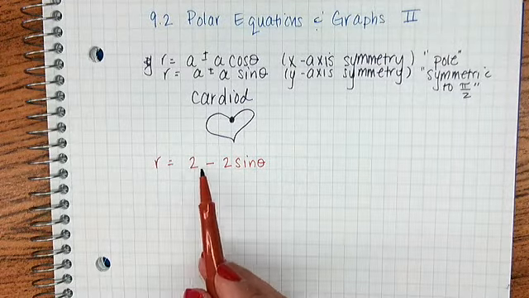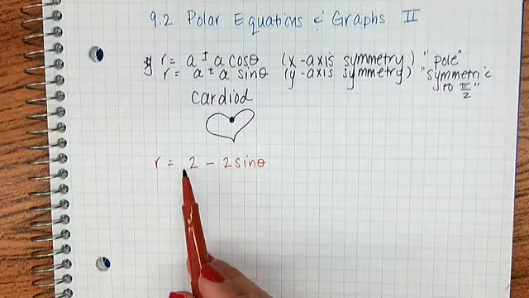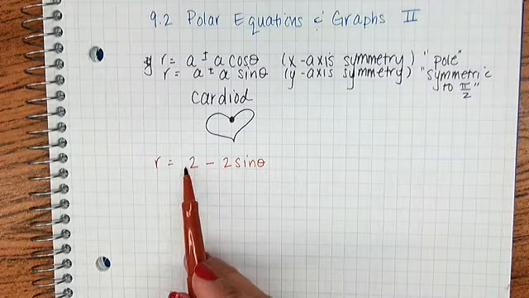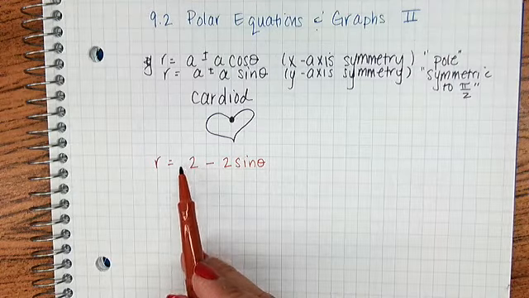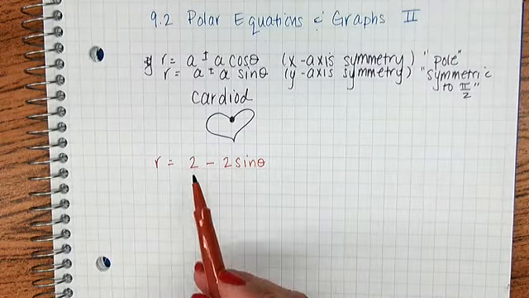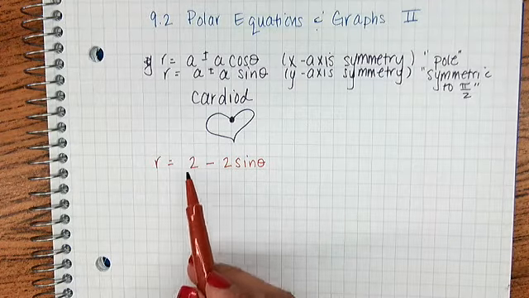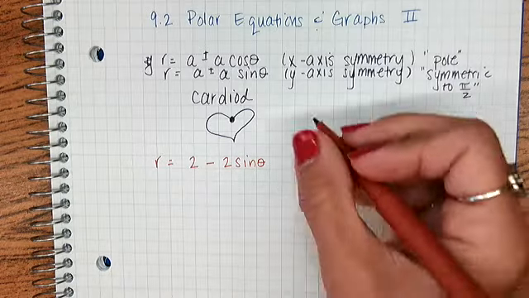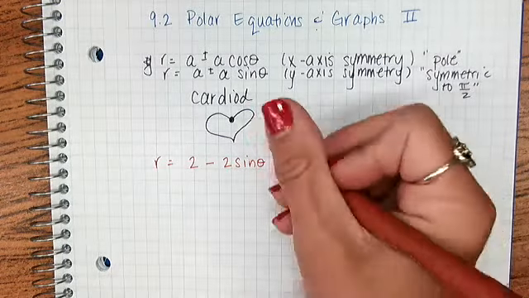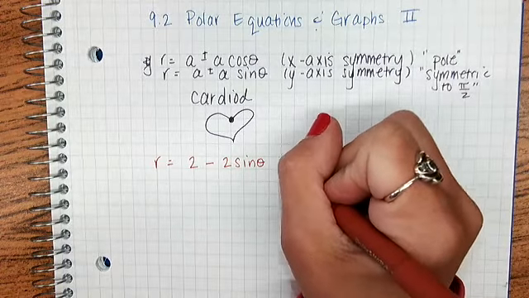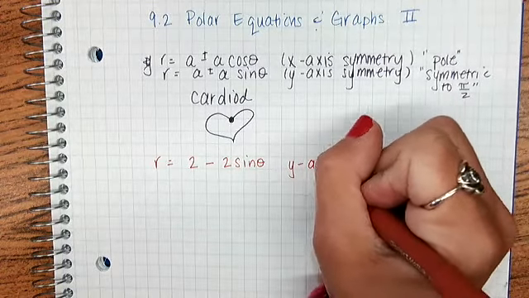Even though the 2 is being subtracted, we consider a to be 2 for both of these. The radius doesn't say negative 2, which of course wouldn't make any sense. It's a sine curve, so I would right away determine that this has y-axis symmetry. I think that's going to be very helpful.